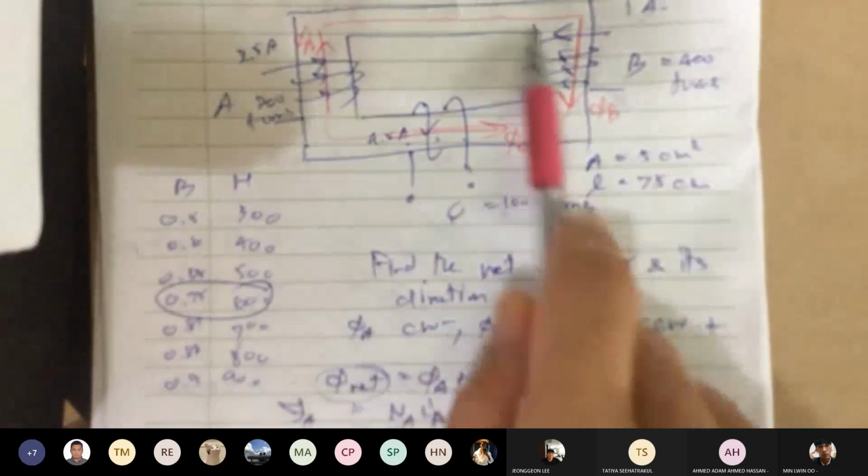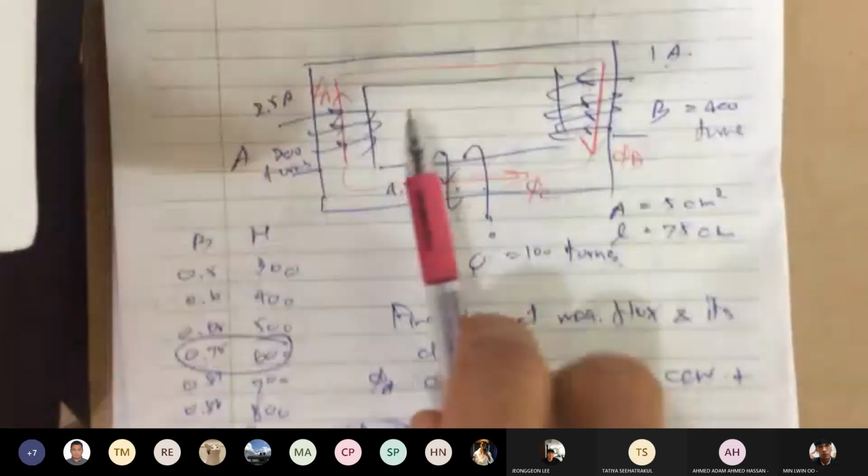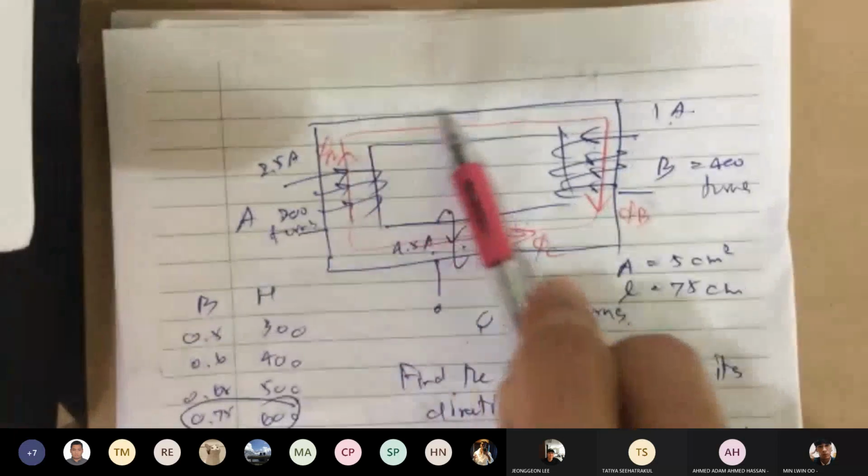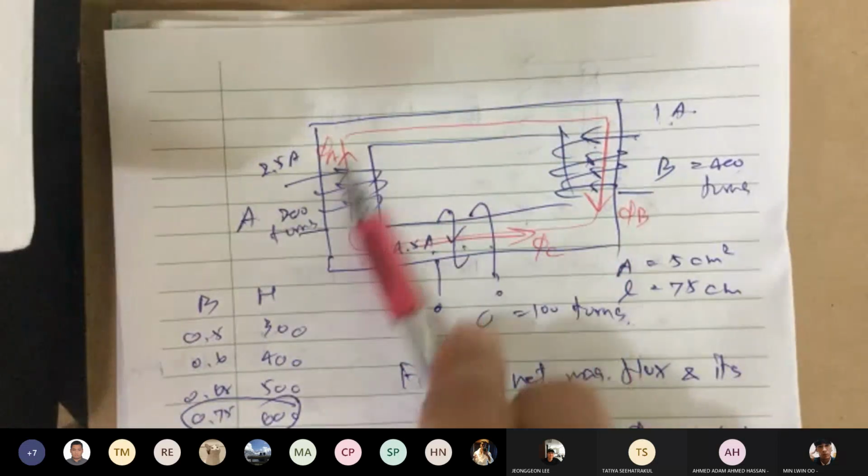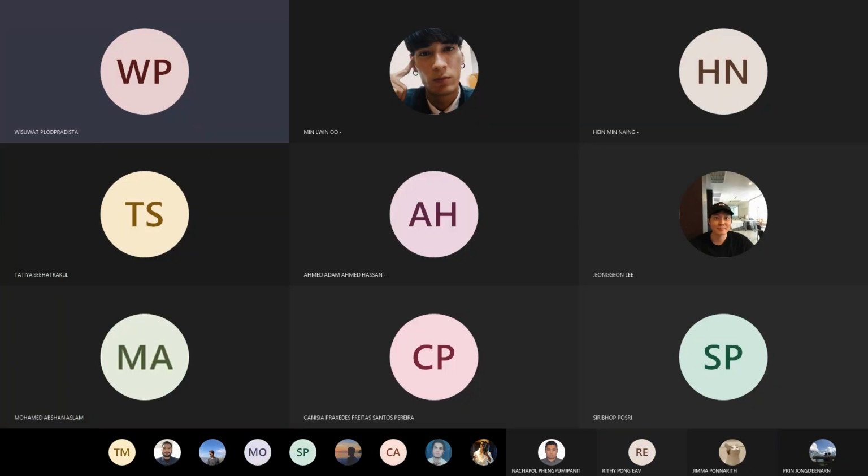You have to take into account all the windings in the coil. And the direction of the current matters, which way it is flowing. In this case, A gives you a clockwise flow in the core. B also a clockwise flow in the core.